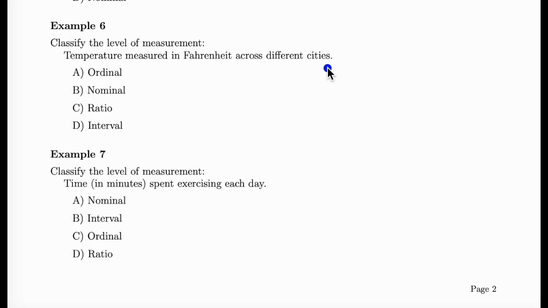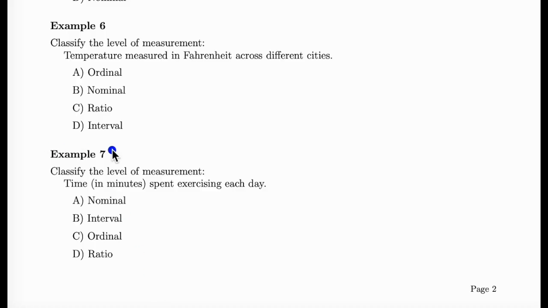And as we talked about, temperature is an example where we could have a value of 0, but it doesn't mean the absence of temperature. So a 0 degree Fahrenheit doesn't mean that there's an absence. It's not a true 0. So that means if we don't have a true 0, we would use interval. So we would choose option D for the answer.